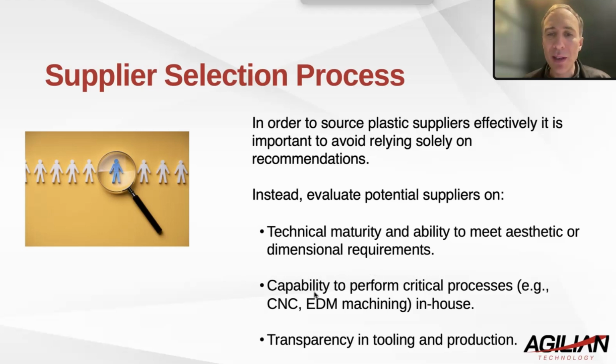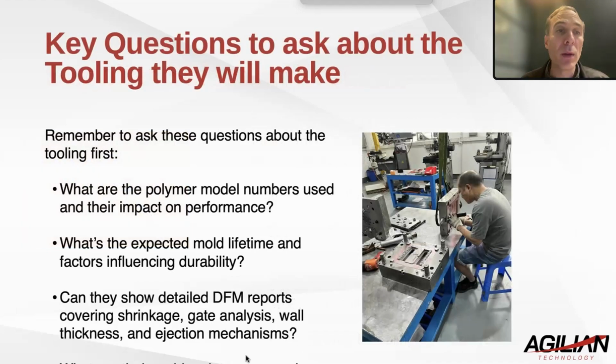What do they do in-house is important, and what level of transparency can you get, including where they actually buy the plastic polymer and what is the exact polymer reference, right? Because then if you need to move production somewhere else, you can expect the same level of performance.